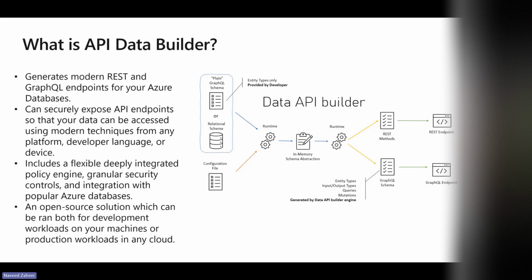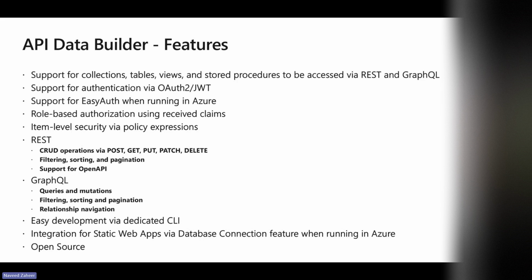That's the mechanism running behind the scenes. So if you have used static web apps with data connection, you have already used Data API Builder. It's the abstraction that exposes the data with either REST or GraphQL endpoints. You can do everything with configuration. You don't have to write a single line of code, and we will take a look at that.